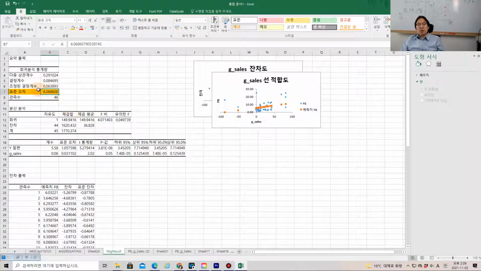This is essentially the standard deviation of residuals, with some adjustments by the degrees of freedom, but roughly speaking, this is it. What do I mean by residuals?